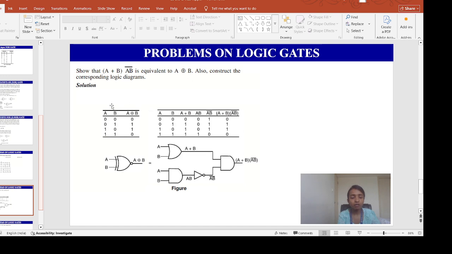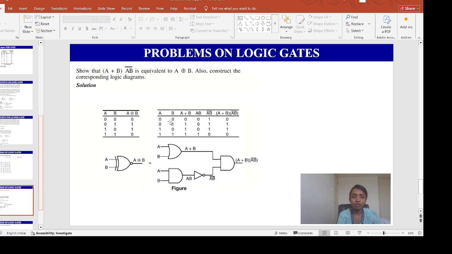So first write the truth table of A XOR B. If we can prove both the truth tables are matching, then we can prove that this expression is equal to A XOR B. We already know the truth table of A XOR B. When the inputs are the same, output will be 0. When the inputs are different, output will be 1. And for this expression, just write the 4 input combinations, and A plus B, because we have to simplify this expression.